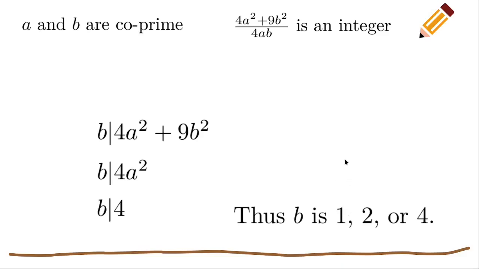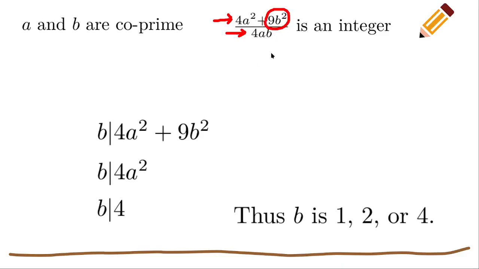And we can even further rule out one of the options by looking at the fraction. One thing we'll notice is that the denominator, 2ab, is always even. So in order for the fraction to become an integer, the numerator also has to be even. And 4a squared is always even, so 9b squared must be even, right?